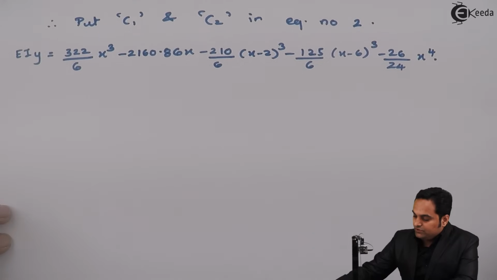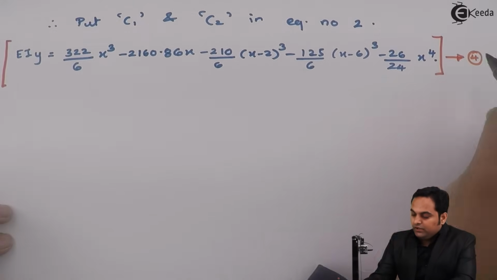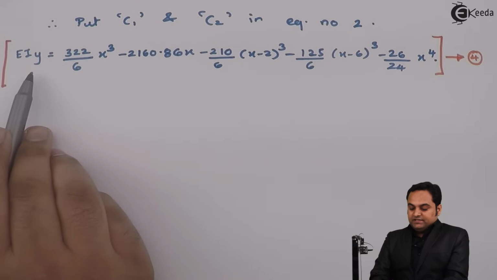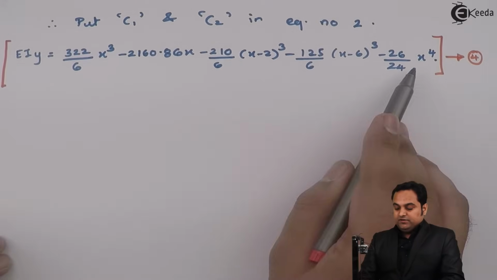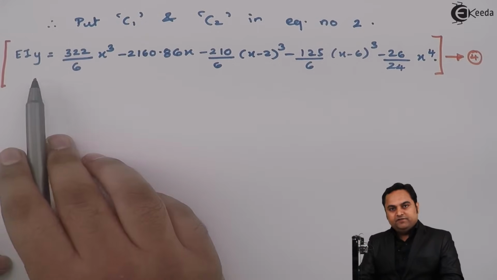Now this is equation number 4 for us. In equation 4 we have y as the deflection, x is the variable. So at any given distance x on the beam, we can find the deflection.